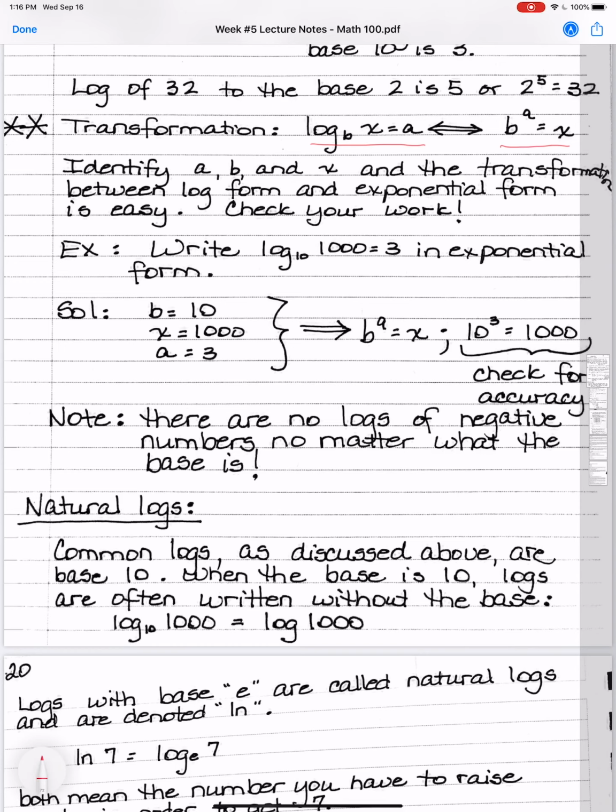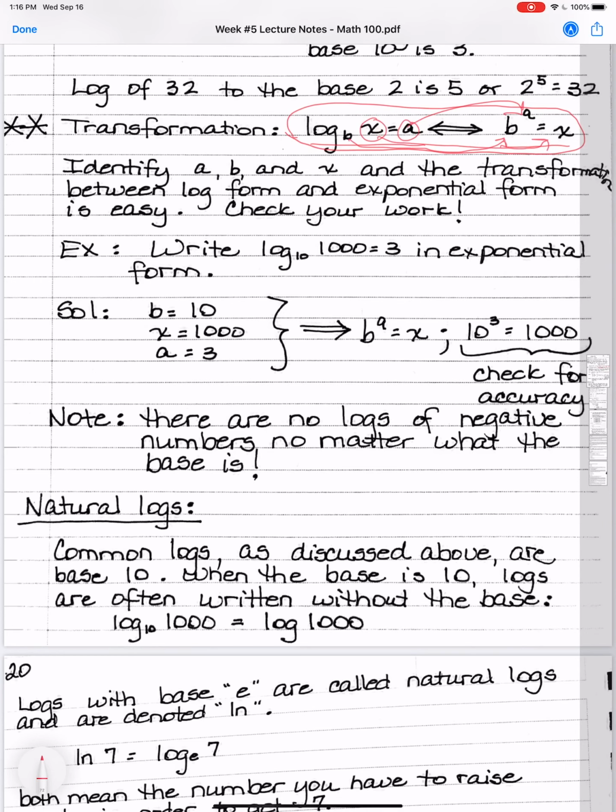Now this is your transformation equation. Log of base b of x equals a, where b becomes your base, a becomes your exponent, and x is the solution.